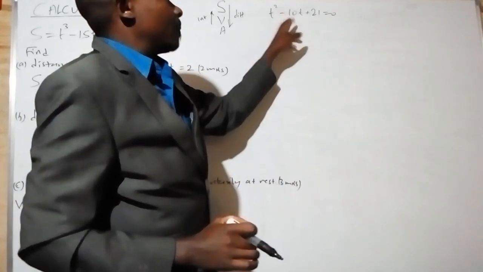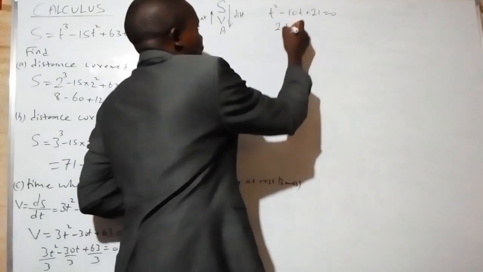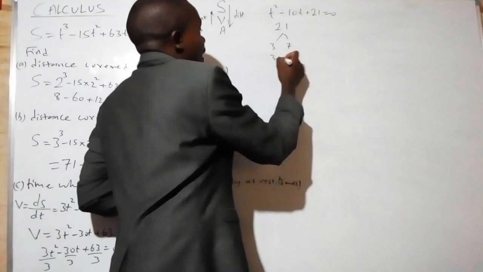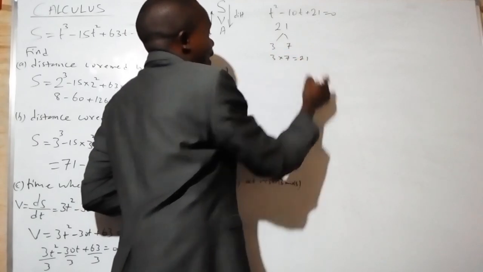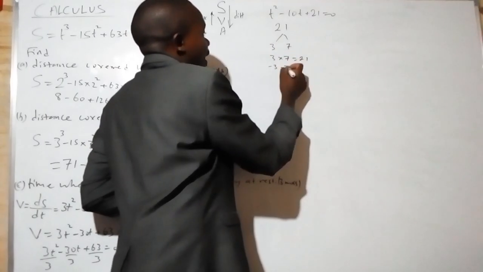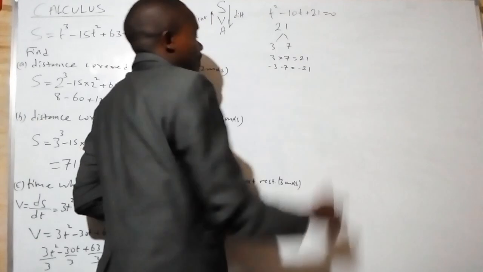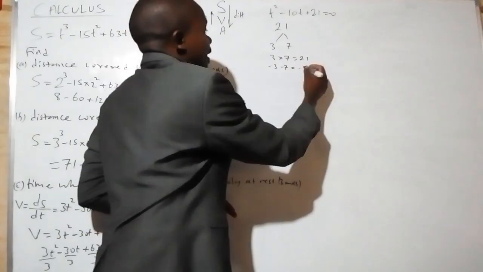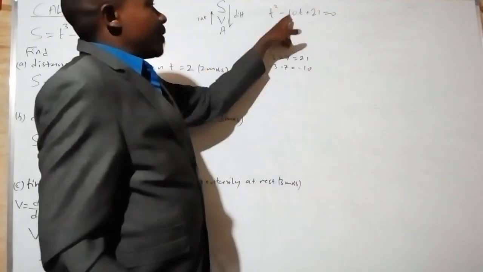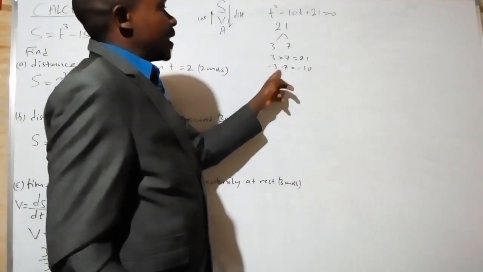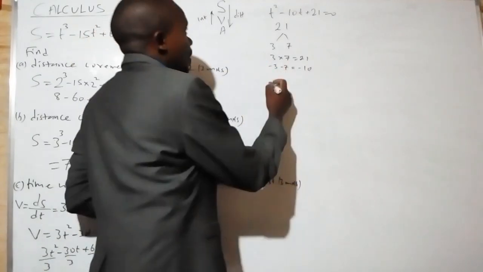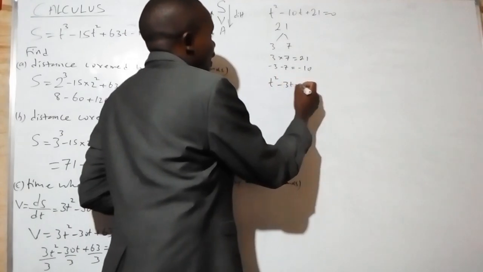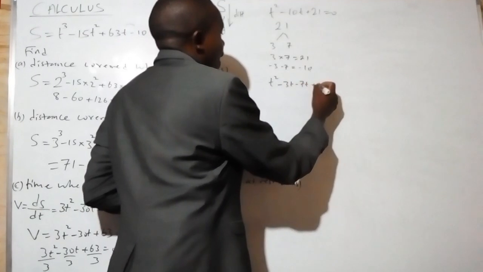Factors of 21 are 3 and 7. 3 times 7 is 21, but negative 3 and negative 7 give negative 21 and sum to negative 10. So we replace with negative 3t and negative 7t to have t squared minus 3t minus 7t plus 21 equals 0.